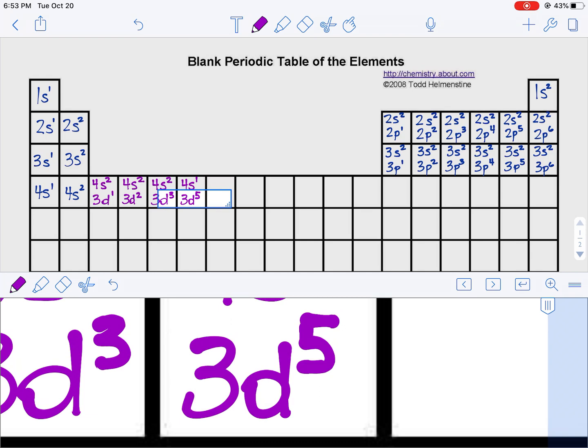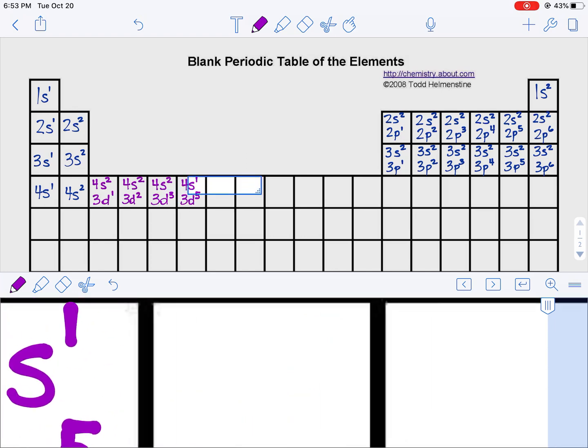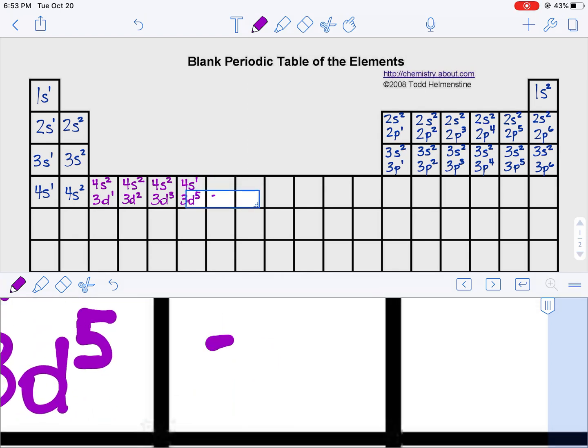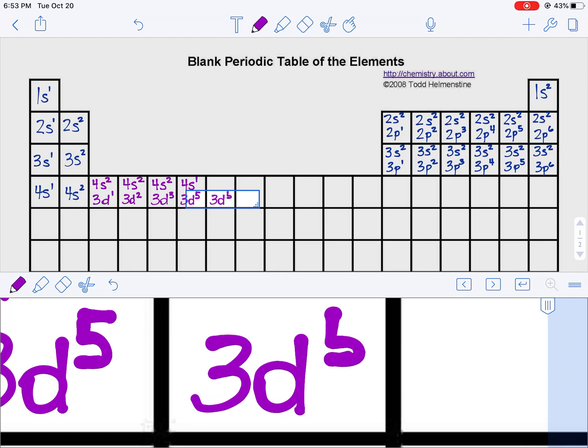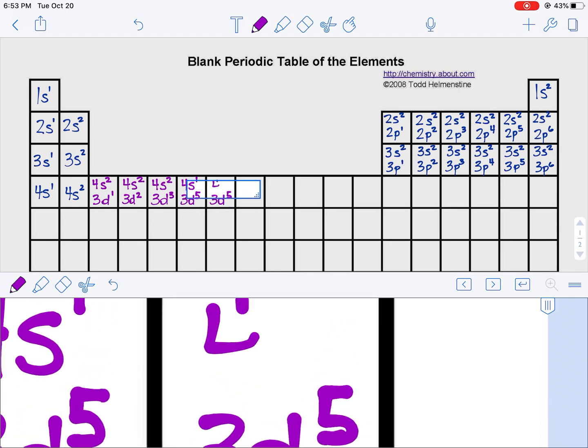That half filled s, half filled d sublevel combination is a more stable arrangement than the 4s2 3d4. Our 25th electron will go into the 3d5. However, the 4s2 is technically our valence shell.